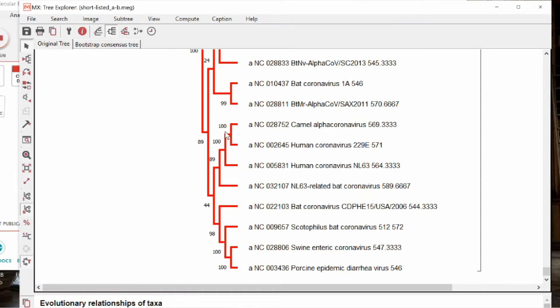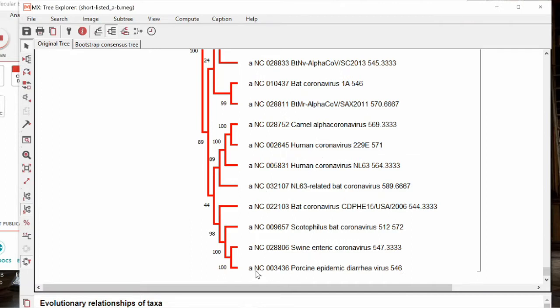Here the numbers are 100%, so here it is coming to 50. Then on the right side, we see the names of S proteins: alpha coronavirus, then the NCBI accession number, then the name, and then the alignment score.